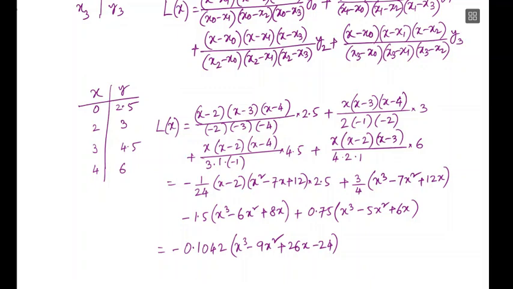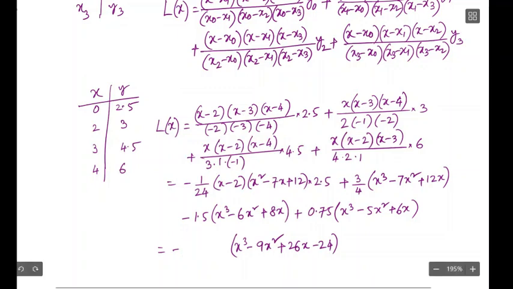So we could keep it in fractional form also, no harm.